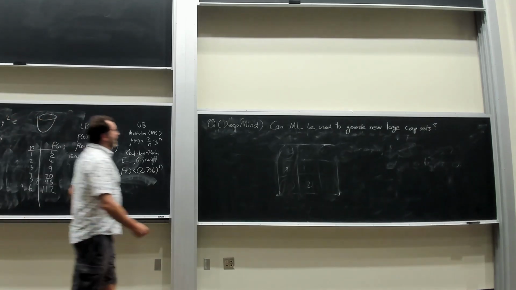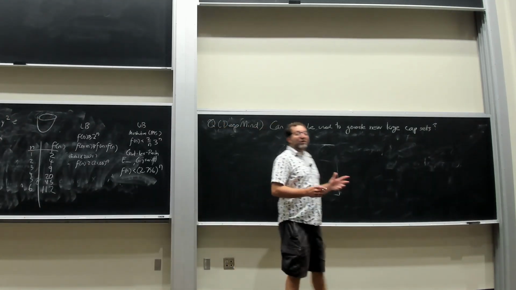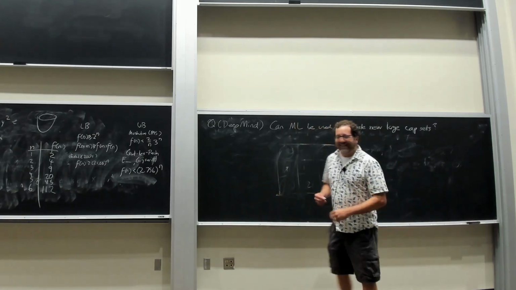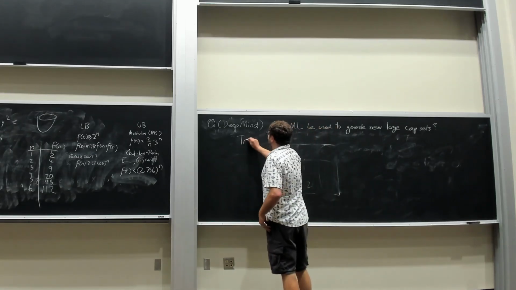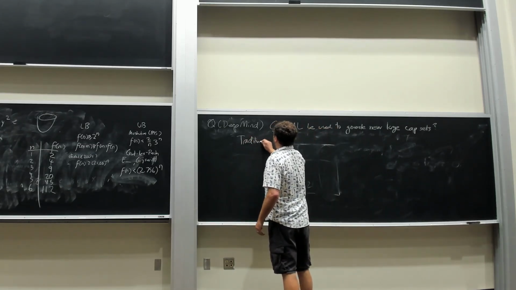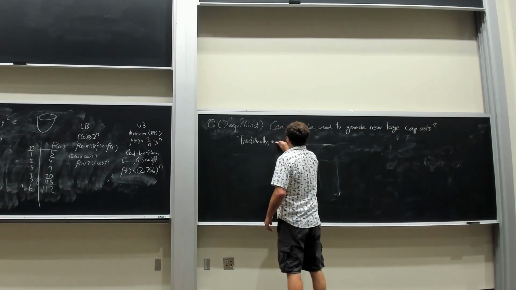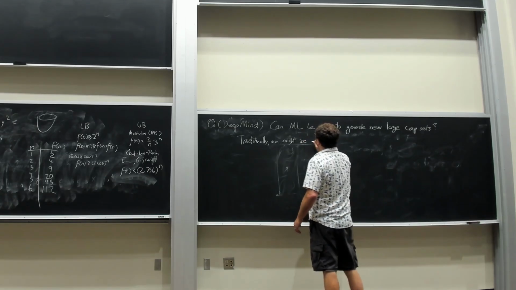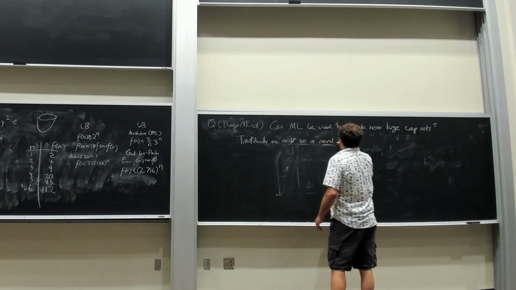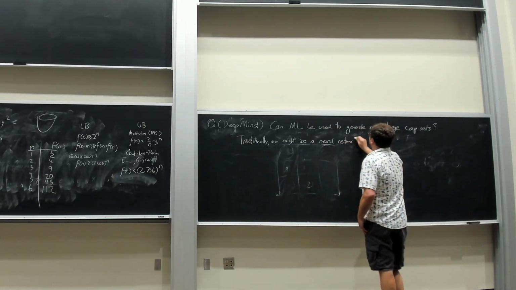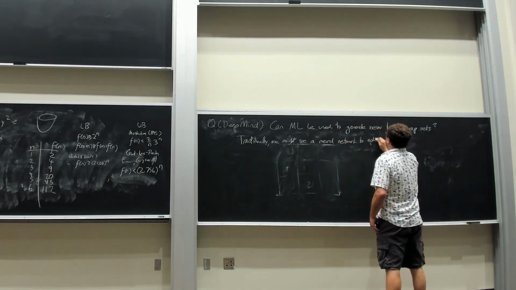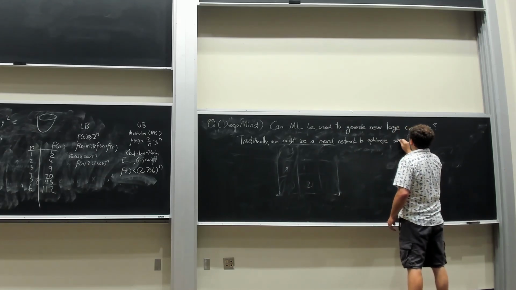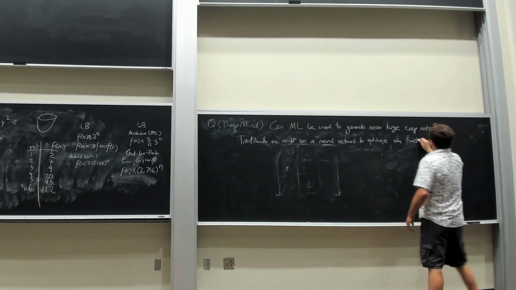So maybe I'll say, traditionally, if the word traditionally can be used for a field that's about 10 years old, one might use a neural network to optimize some function.